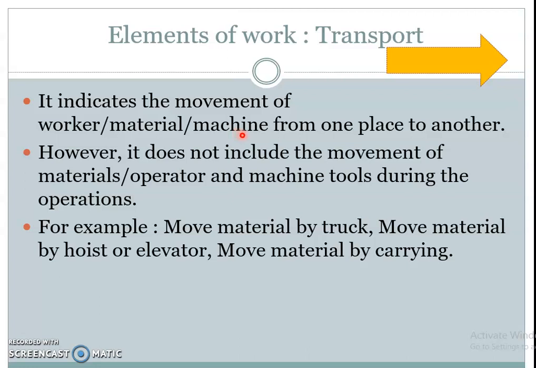For example, oil flowing through a penstock, or an aeroplane flying from one city to another, or the movement of material by truck, by hoist or elevator, or by carrying. These are examples where the transport symbol is used in the flowchart.